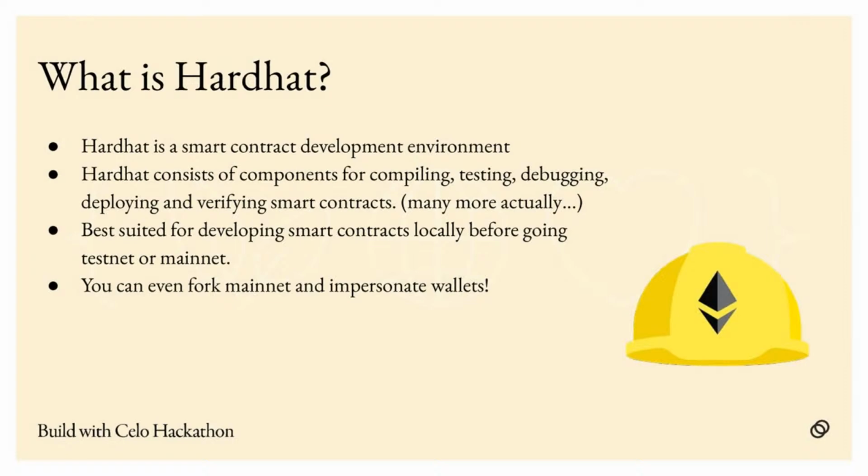If a particular wallet has a lot of assets or special NFTs that you suspect might be able to do something wrong with the smart contract, then you can interact with your smart contract impersonating that wallet. Obviously it's not going to give you a private key and all of that, it's just going to simulate that environment for you. And then there are a lot of tools available in Hardhat that we'll go through today.